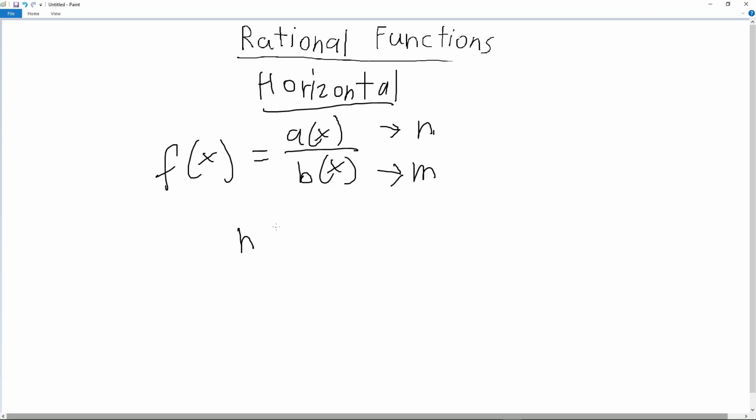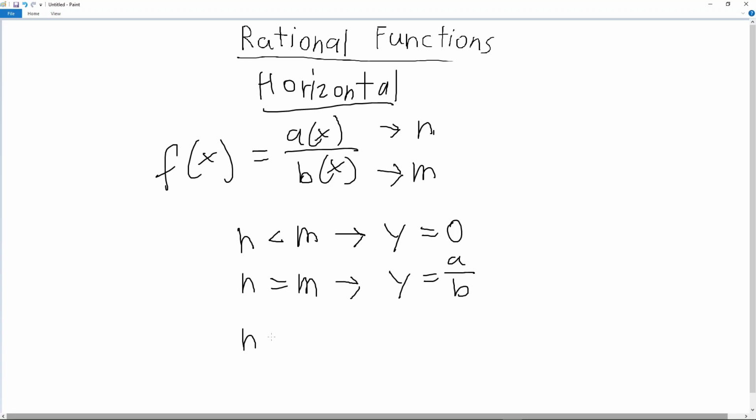If n is less than m, there is a horizontal asymptote at y equals 0. If n is equal to m, there is a horizontal asymptote when you divide the leading coefficients. And then if n is greater than m, there is no horizontal asymptote, but there is something called an oblique asymptote.